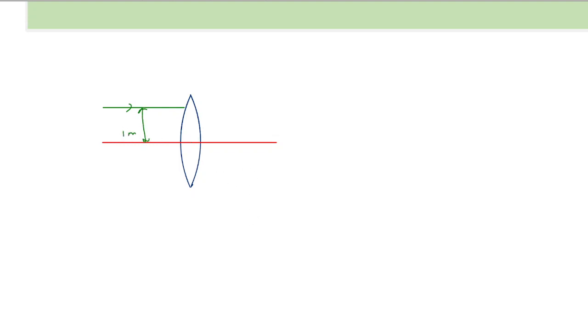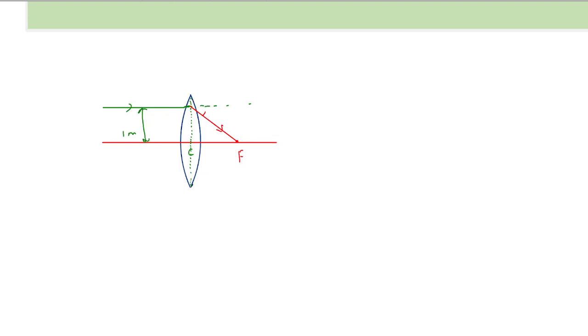So this light ray, instead of going straight like this, has been deviated by some amount. So here, if we draw a line passing through the optical center, let's assume that light refracts at this point. So this light ray would deviate and it will be converged to a point like this. So this is the point where the image is formed, and this would be its focus also.